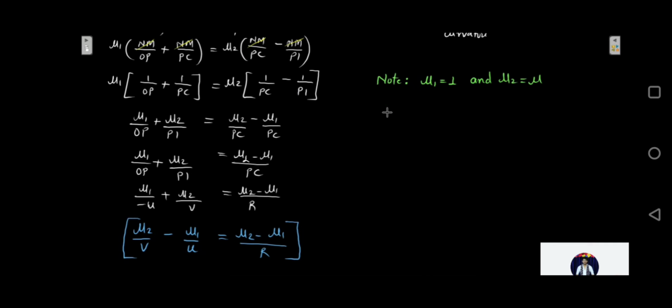How is the equation going to change? The equation will become mu upon V minus 1 upon U is equal to mu minus 1 upon R. This is going to be the expression for the rarer medium if it is air.